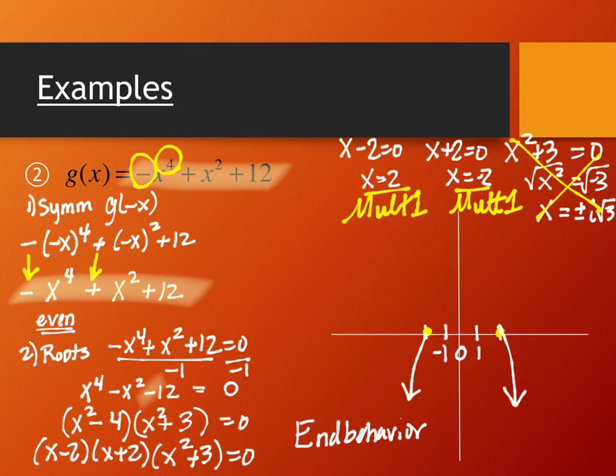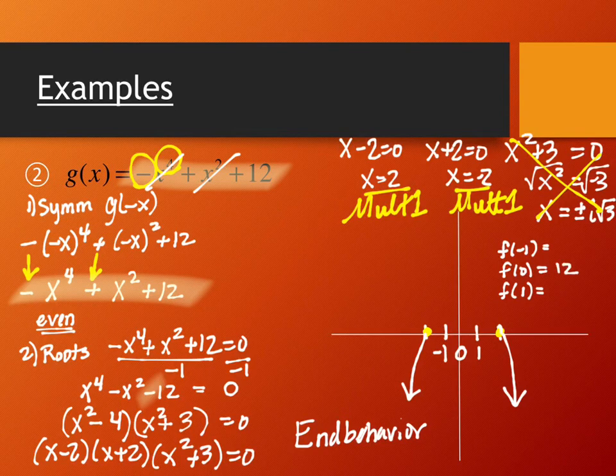So let's actually evaluate our function at -1, 0, and 1. And actually, the cool thing is that -1 and 1 will be the same because the graph's even. So they have to be the same. 0 is the easiest one because if I put 0 in, everything cancels out but the 12. So that's 12.